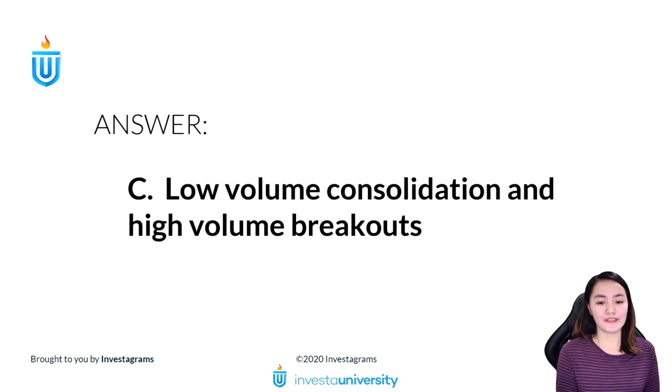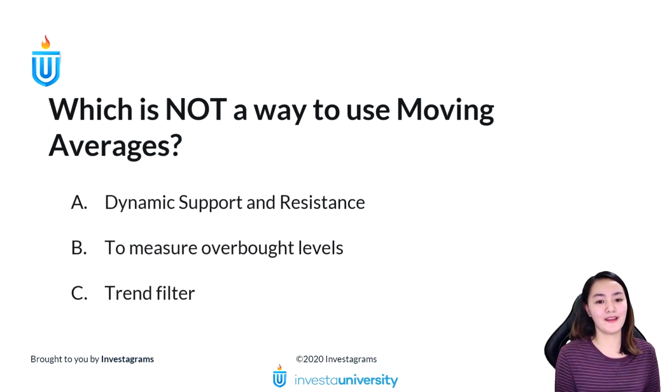Okay, so number 2. Which is not a way to use moving averages? Again, which is not a way to use moving averages? Choices are letter A, dynamic support and resistance, letter B, to measure overbought levels, or letter C, trend filter.